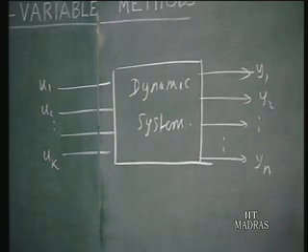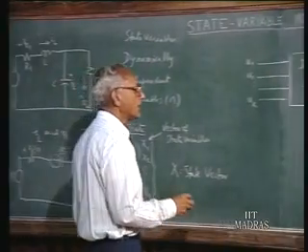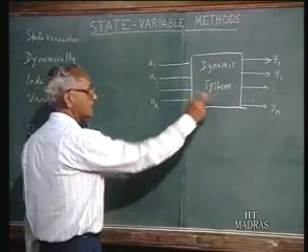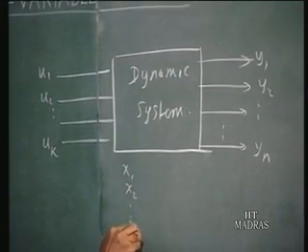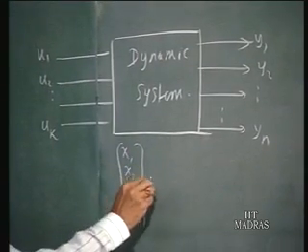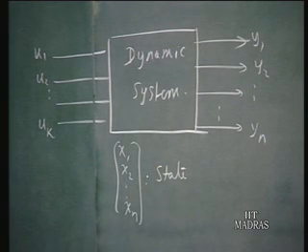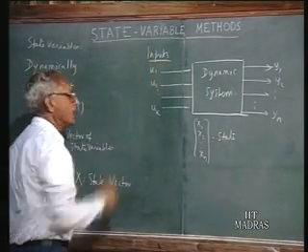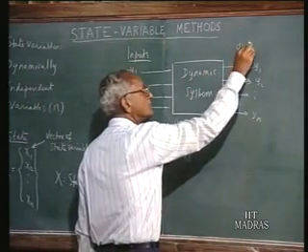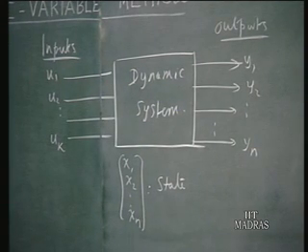So, we would assume that in a general situation we have several inputs and several outputs, and the state of the system is described by x1, x2 up to xn. This is the state. So, we have three sets of quantities to deal with. These are the inputs, these are the outputs, and this is the state, which are internal variables of the dynamic system.